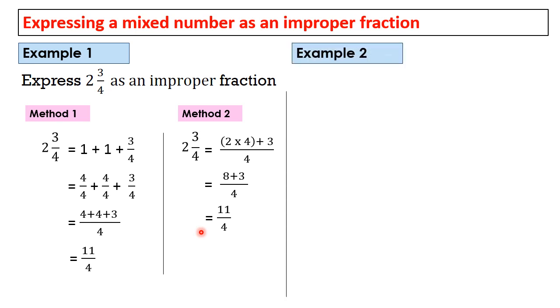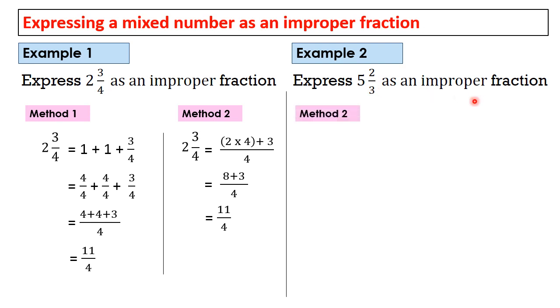We'll go for one more example for the second method. Using the second method, express 5 2/3 as an improper fraction. Let's use only the second method because this is the most common method we use in solving problems.